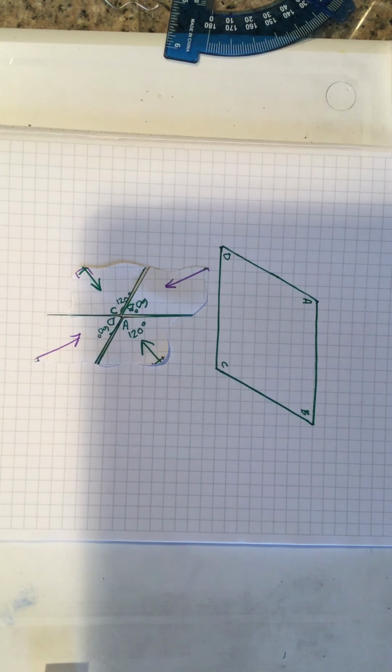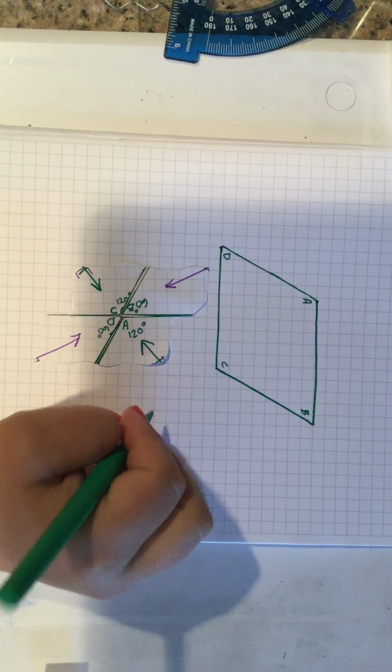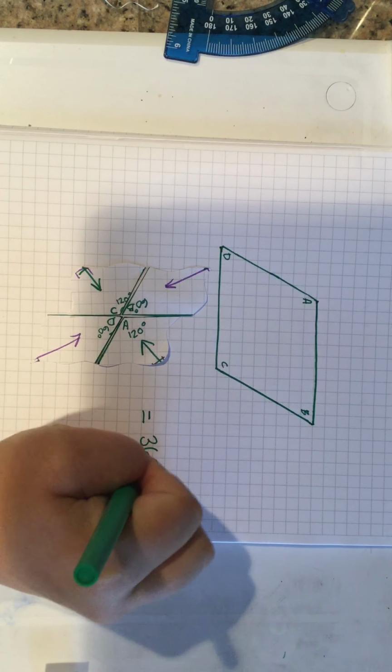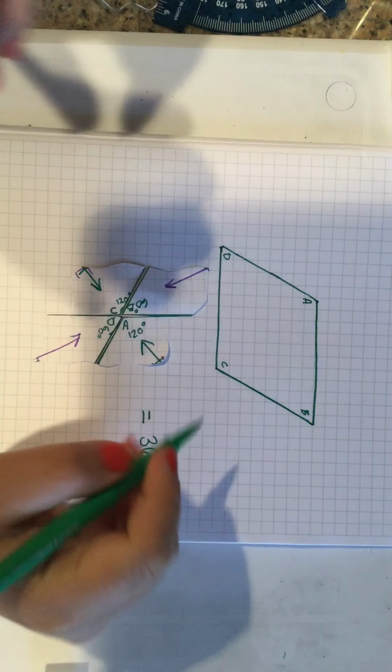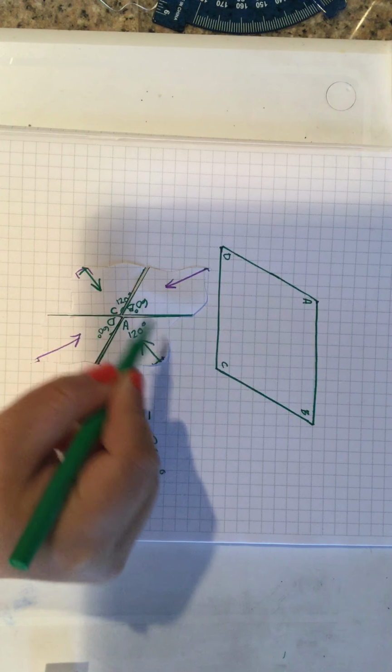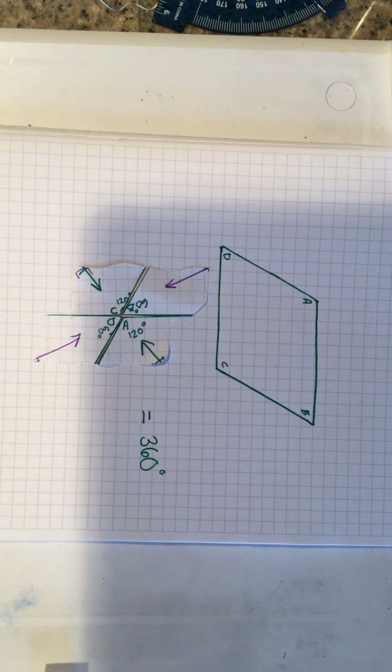What do they add up to? Yeah, all of the angles add up to 360 degrees. And 360 degrees is a full circle. Pretty cool.